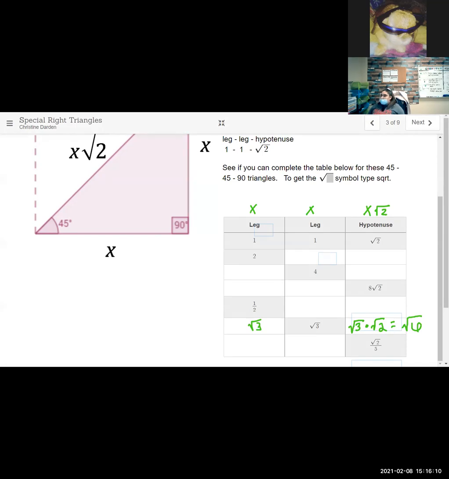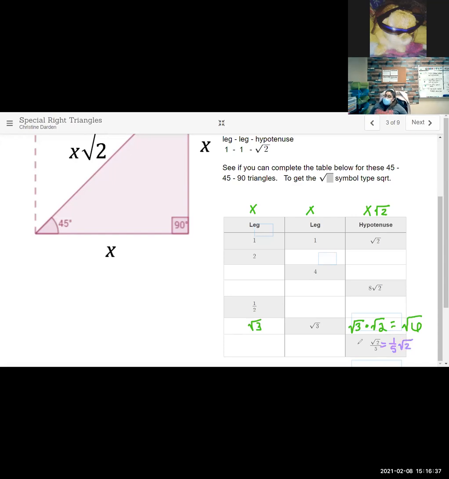Now we are also asked about the very last row where we had that fraction, and a lot of you are intimidated by fractions. The square root of 2 divided by the square root of 5 can be rewritten as 1/5 times the square root of 2.